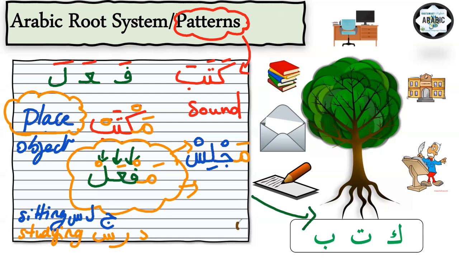And then what I do is I look at the word, and it has madrasa. I already learned that the meem at the beginning of the word refers to a place. So obviously madrasa is a place, and it's school.